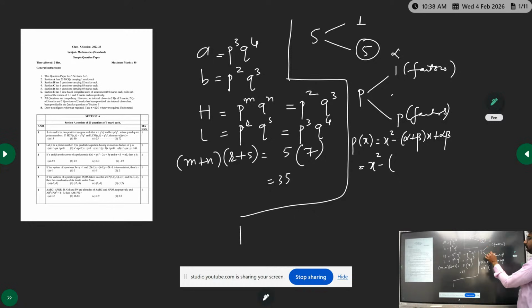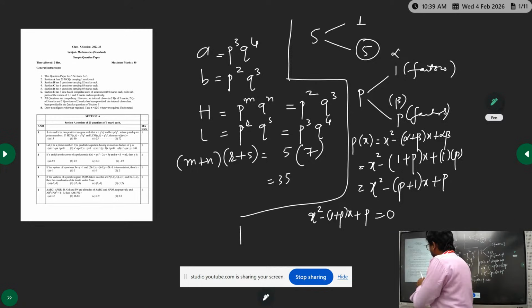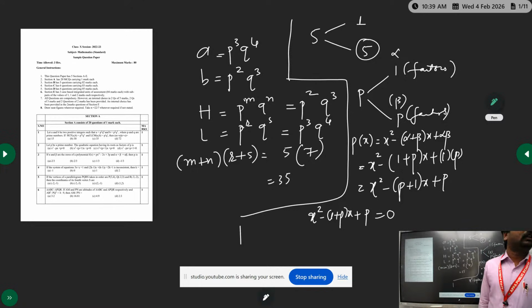You can take this as alpha and this as beta. 1 plus p of x plus 1 into p. Then what is your answer? X square minus of p plus 1 x plus p. But this is a quadratic polynomial. Equation is equated to 0. So your final answer is x square minus of 1 plus p x plus p. So which option will it be? Option B. Understood, right? Now coming to the third question.